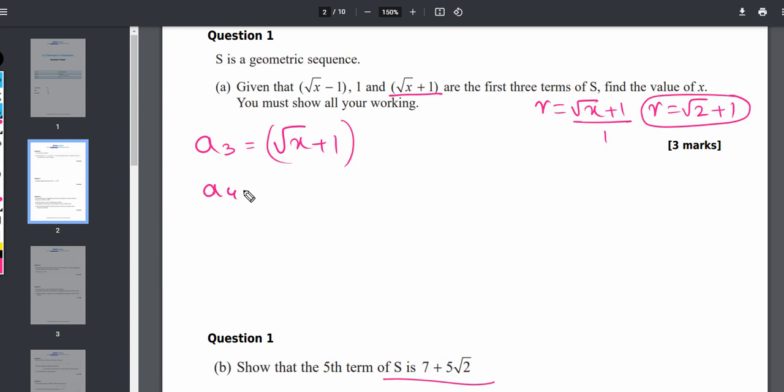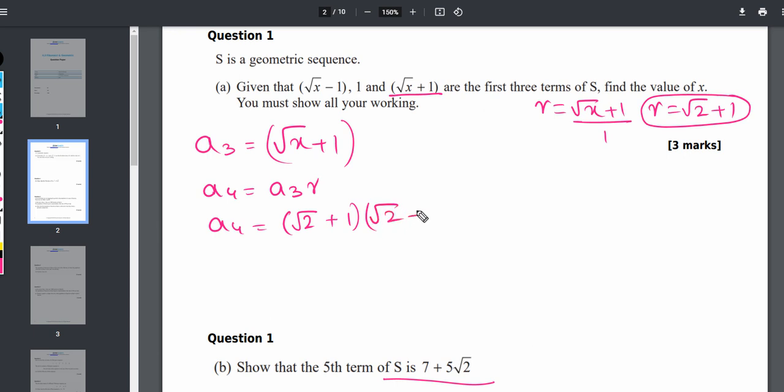So in order to get the fourth term, I'll multiply the third term with the common ratio. And in order to get the fifth term, I'll multiply my fourth term with the common ratio. Let's find out the fourth term first, and then we'll get the fifth term. My fourth term will be equal to a3, that is under root x plus 1, so x is 2, so I'll write under root 2 plus 1.